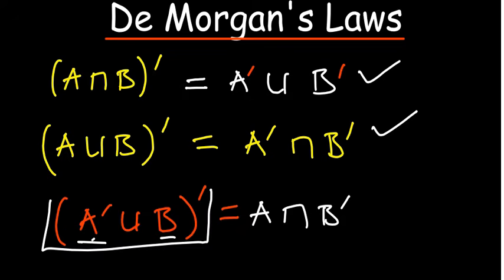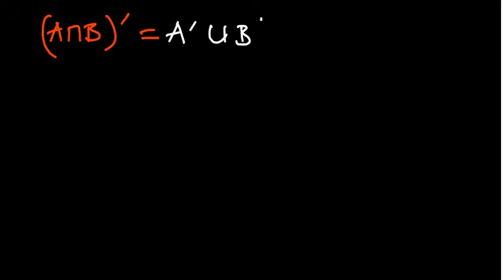Of course, for the sake of proving, we can look at one example. I'll look at the first one. We have A intersection B complement, right? So we've seen that it gives us A complement union B complement. So you can prove this by shading. How?